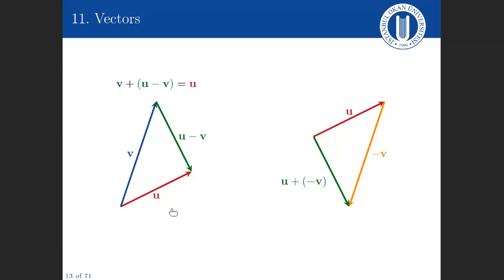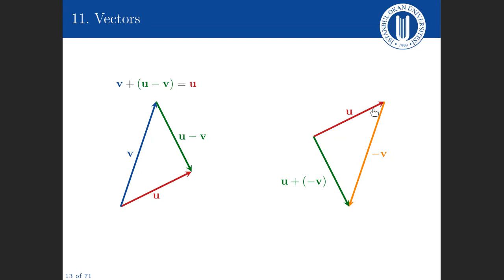We can subtract two vectors, and there are two different ways to think about this. In the left picture, we can imagine that u and v have the same initial point, and then we can draw the green vector which completes the triangle. This vector is u minus v. Or there's another way to think about this.